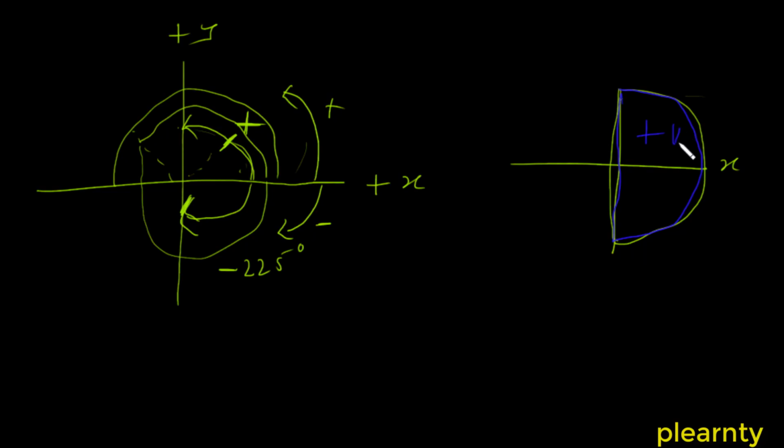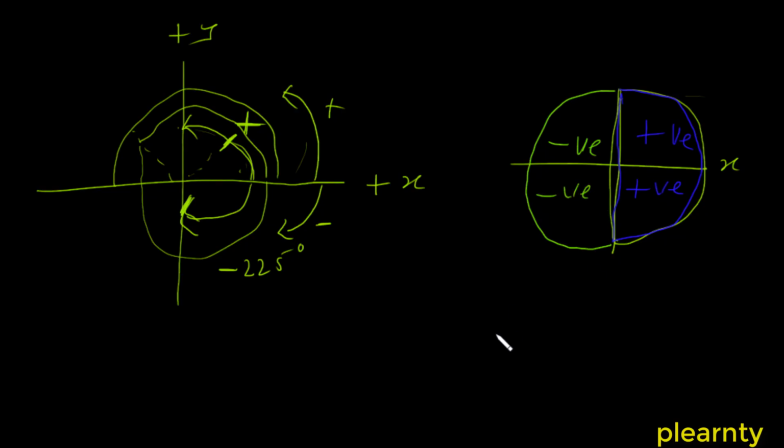This will be positive, and this will also be positive. But when you look at the cos of anything that falls in this side, this is the negative x direction, it will be negative.